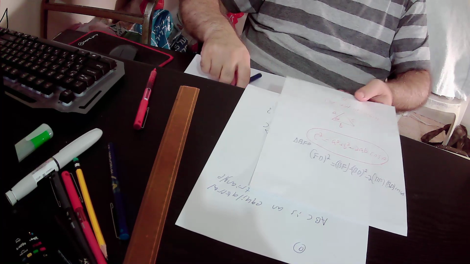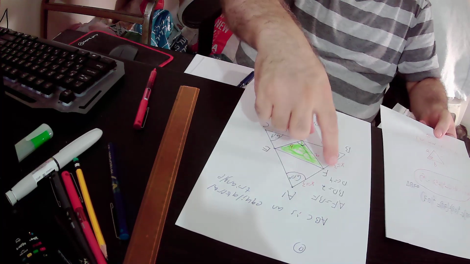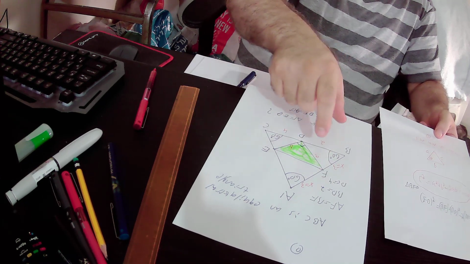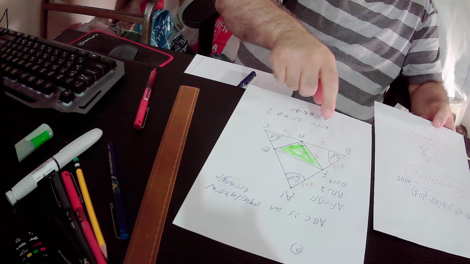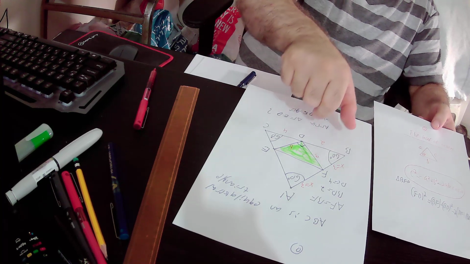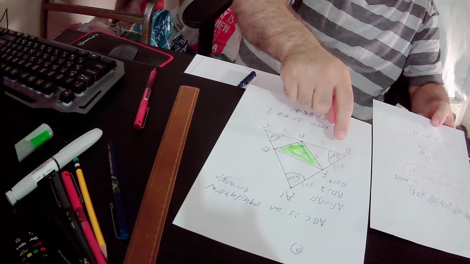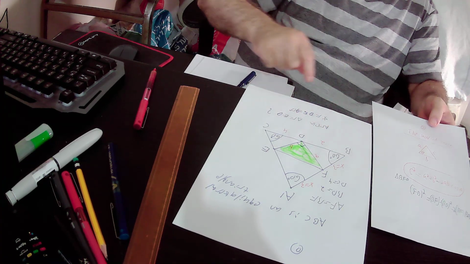According to the law of cosines, FD square equals BF square plus BD square minus 2 times BF times BD times cosine 60 degrees.